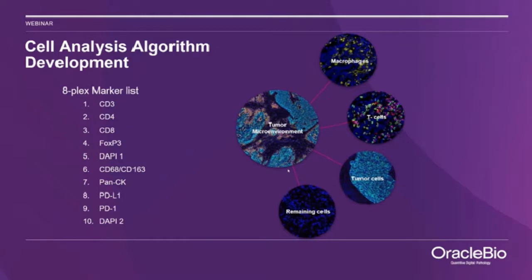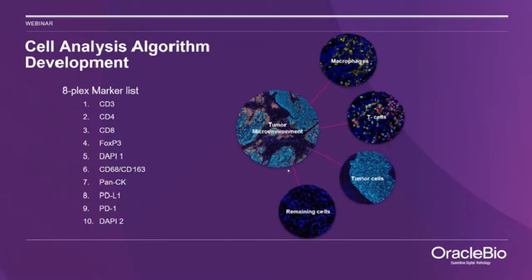Moving on to the cell analysis development, this can be the most challenging part of the algorithm development phase. The tumor microenvironment contains many different cell types, and when it comes to actual cell analysis algorithm development, we see it as 2 key phases.